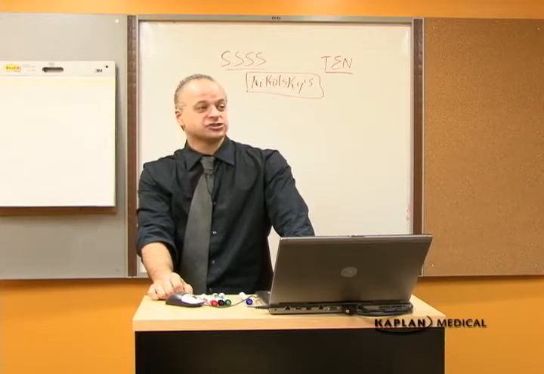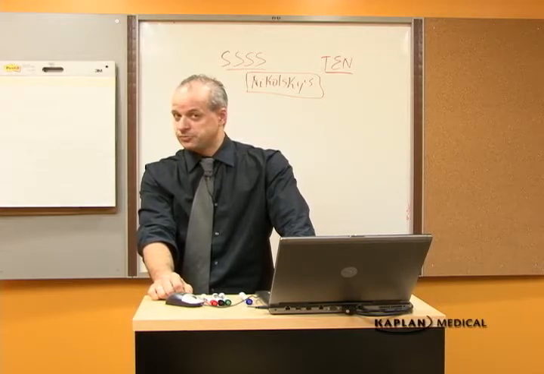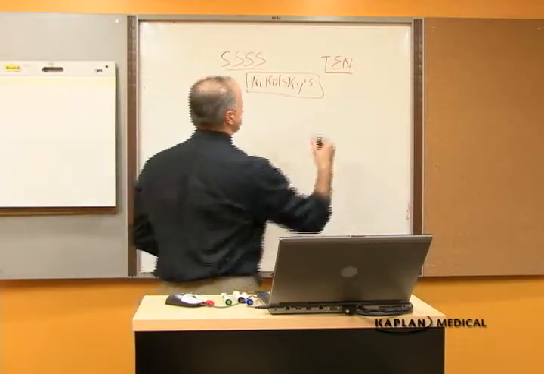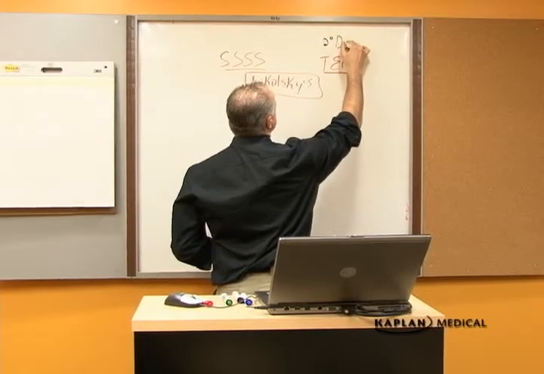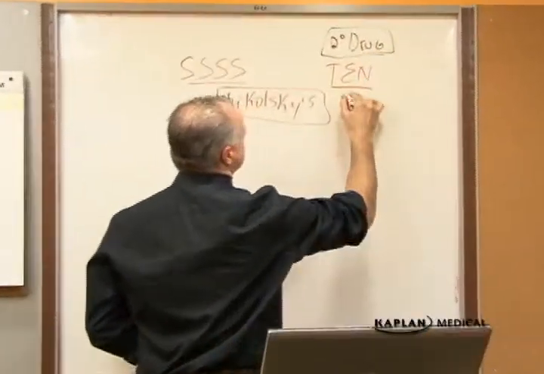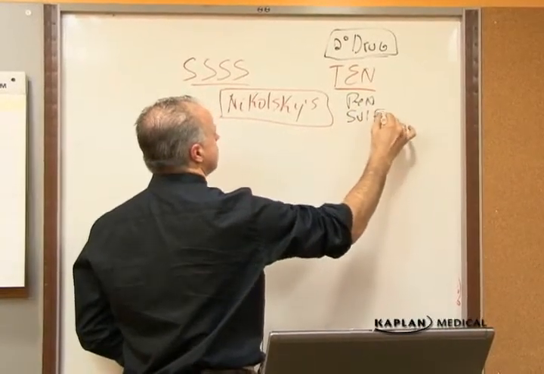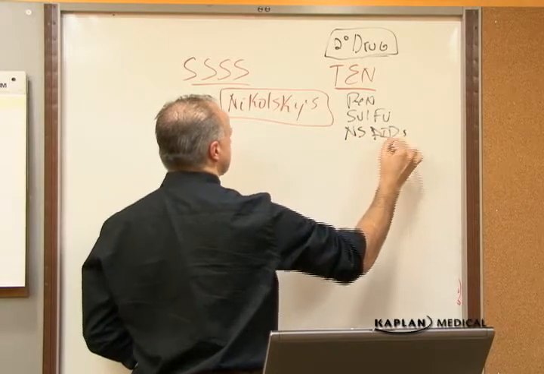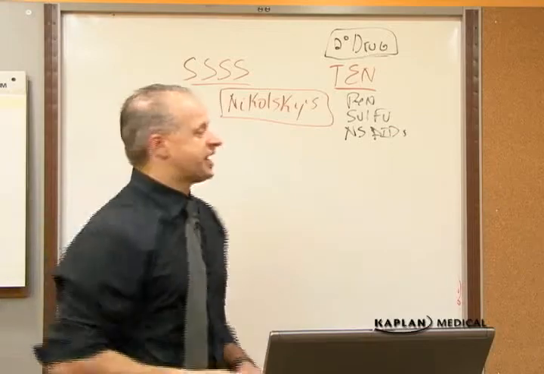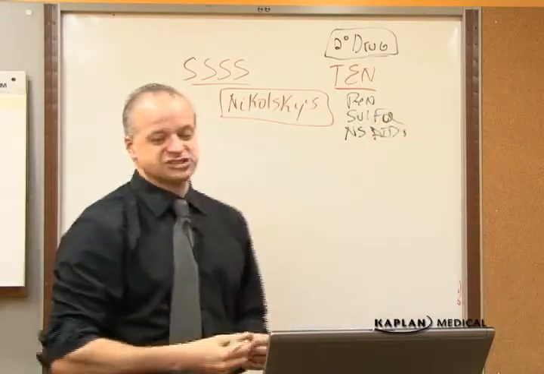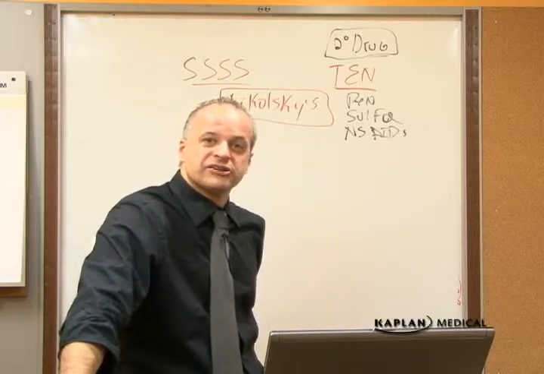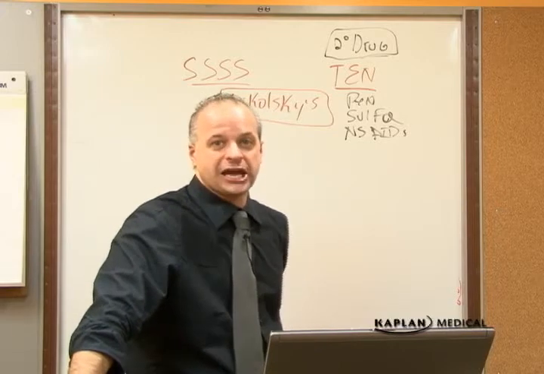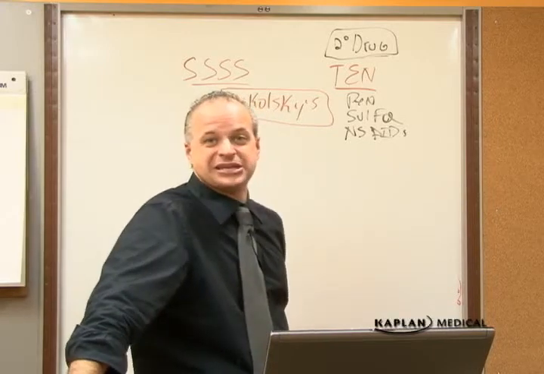The answer is that toxic epidermal necrolysis is secondary to drug toxins: penicillin, sulfa drugs, allopurinol, rifampin, lamotrigine, non-steroidals. Okay? So how do you tell when someone's got a toxin-mediated infection?